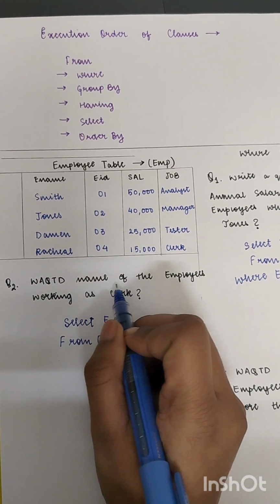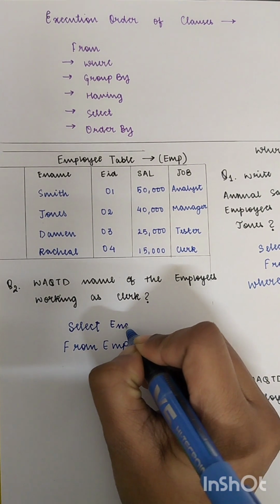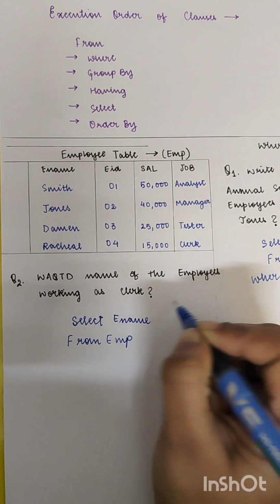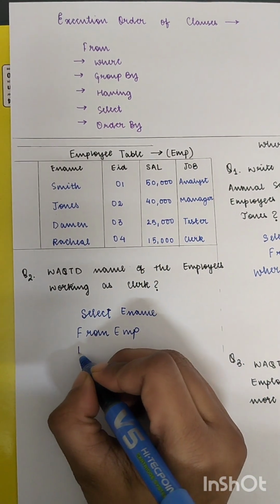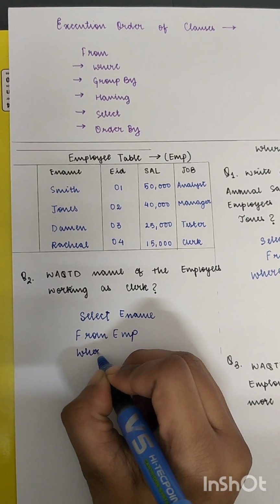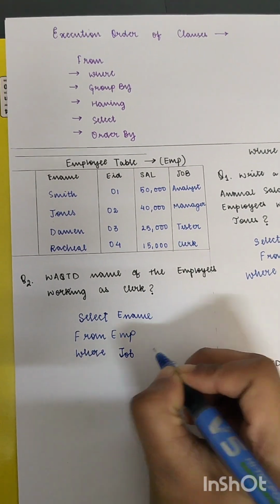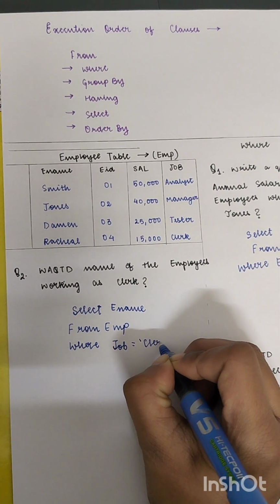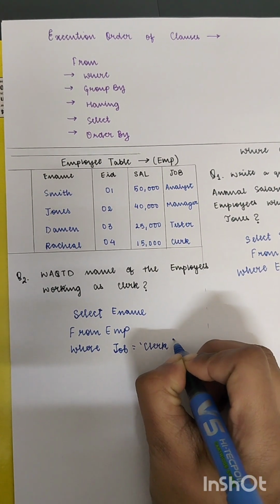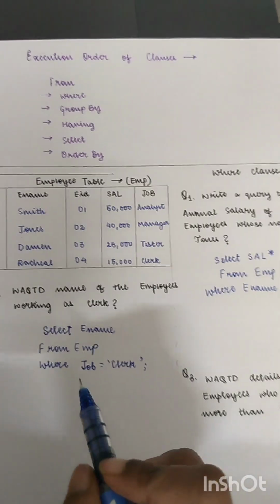So we will write ename, working as clerk. So where job equals to clerk. It's that simple.